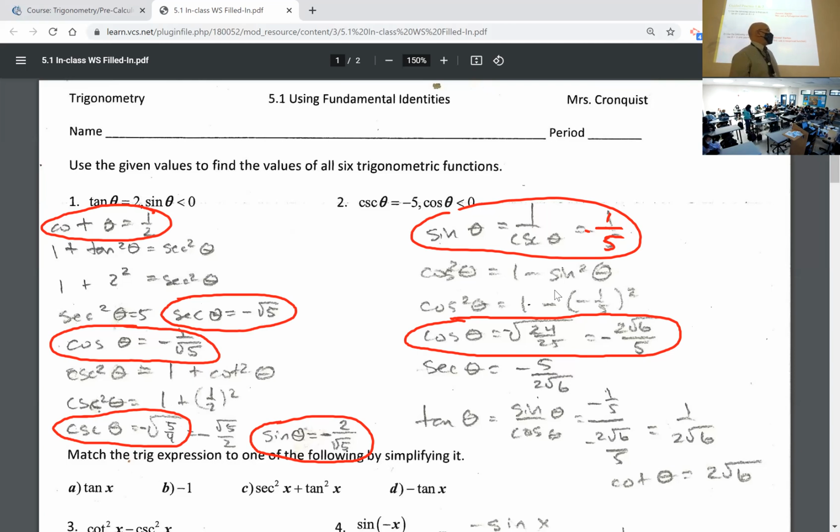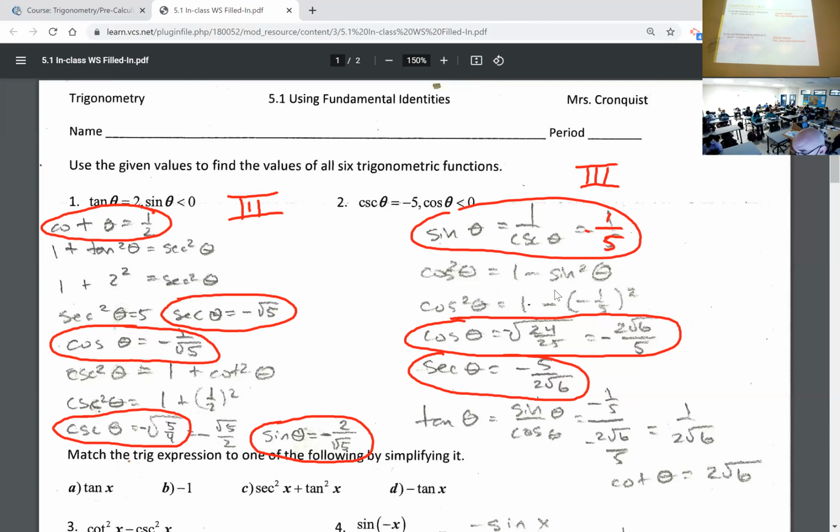Again, we are in quadrant 3. If cosecant is negative and cosine is negative, this is also in quadrant 3. I probably didn't say that yet. So secant is going to be the reciprocal of cosine. And then tangent is sine divided by cosine. So negative 1/5 divided by negative 2√6 over 5.